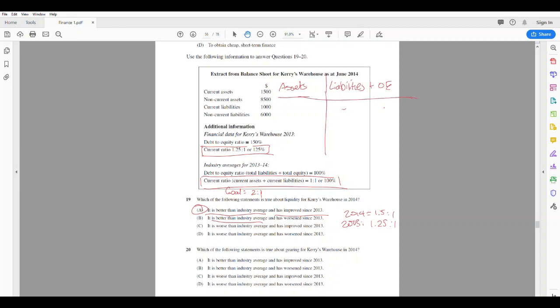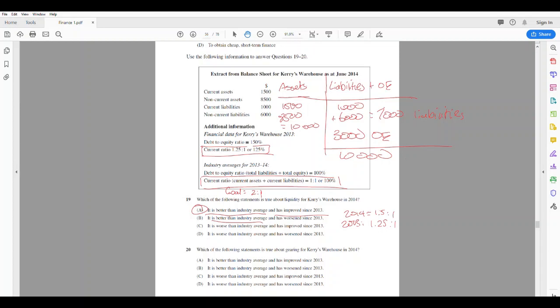That's how it is. So we know our current assets are 1500. Our non-current assets are 8500. That gives us a total of assets of 10,000. Our liabilities are currently 1000 plus 6,000 equals 7,000 in liabilities. And that would mean it's 3,000 for owner's equity, total 10,000 as well. So we balance it.